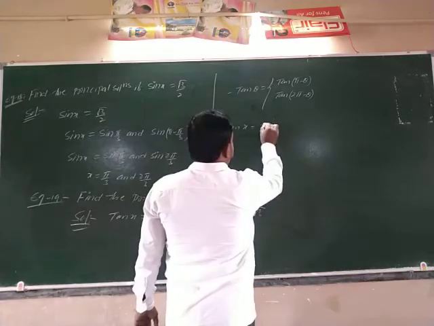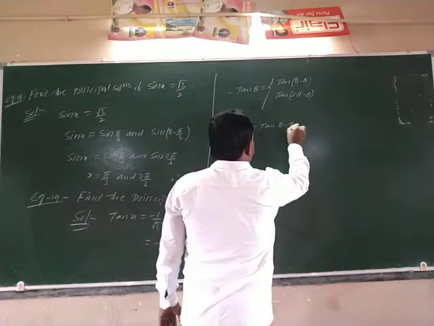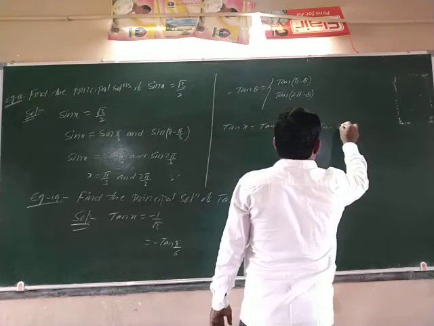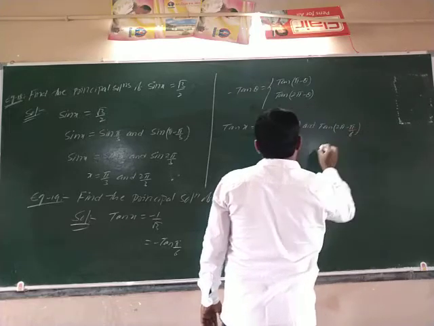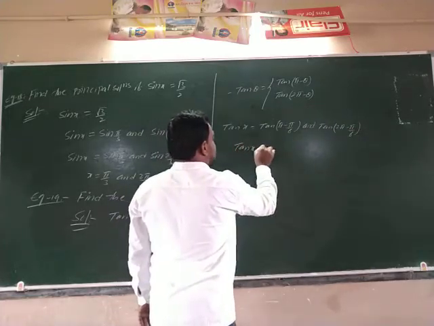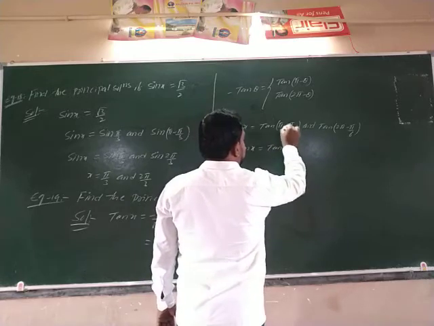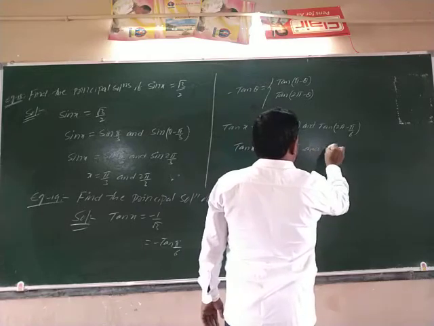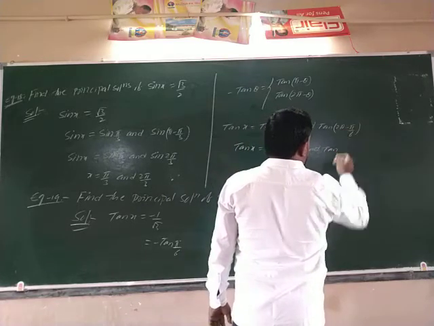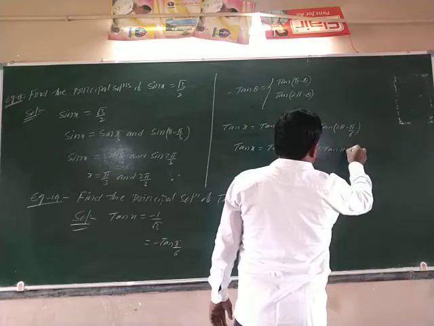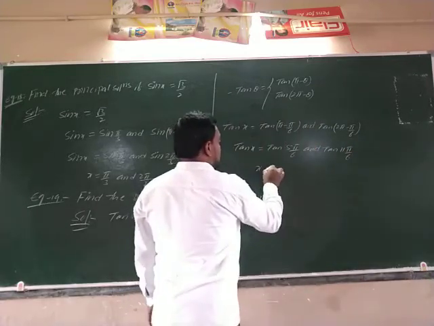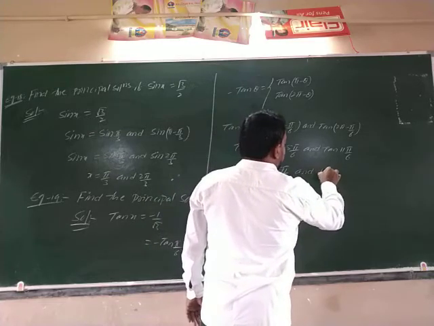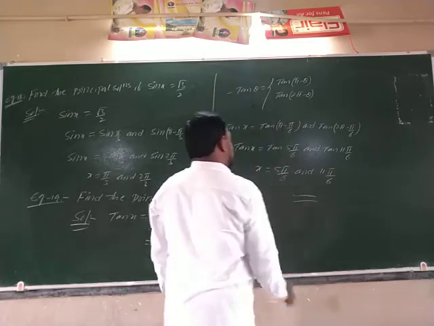So tan(pi minus pi by 6) and tan(2 pi minus pi by 6). That is, tan x is equal to tan of (6 pi minus pi) by 6, which is 5 pi by 6, and tan of (12 pi minus pi) by 6, which is 11 pi by 6. Now x is equal to 5 pi by 6 and 11 pi by 6 are the principal solutions.